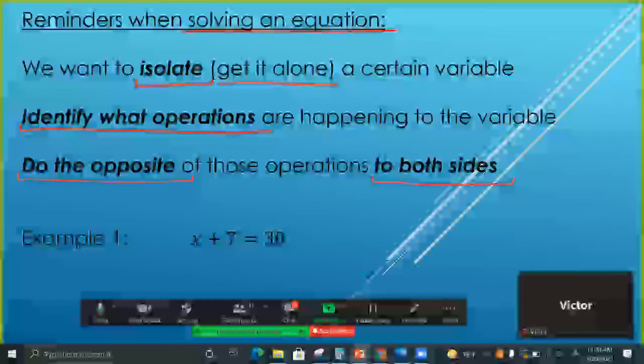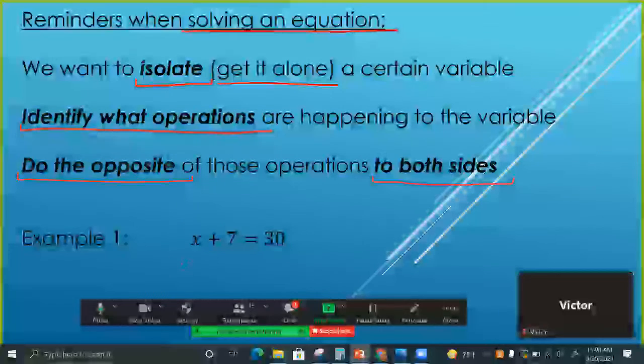So for example, folks, if we were given a one-step equation, x plus 7 equals 30, my goal is to isolate x and solve it for x so that x is all alone. How I can do that is identify what's happening. It's plus 7 to the x. So what's the opposite of plus 7 that I'm going to do to both sides? Anybody want to take a stab at this?